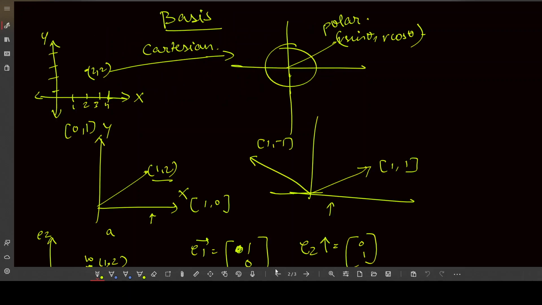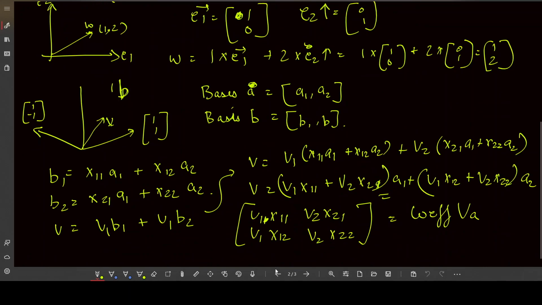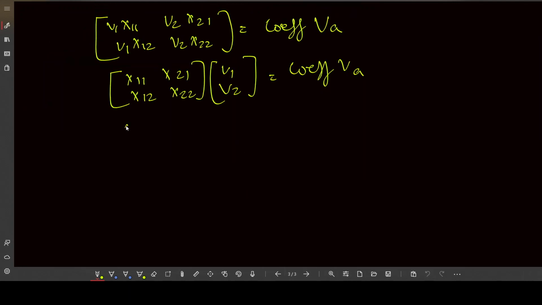If you look carefully, this is just the coefficients of the basis B in the basis A. So I'm going to write this as coefficients of B in A, and this is the coefficient of the vector V in the basis B. And this is equal to the coefficient of the vector V in the basis A, right?